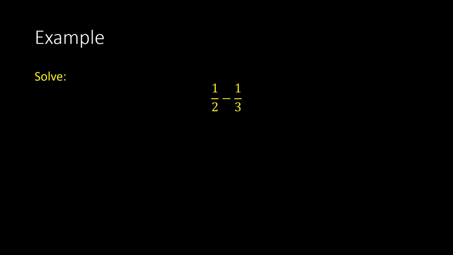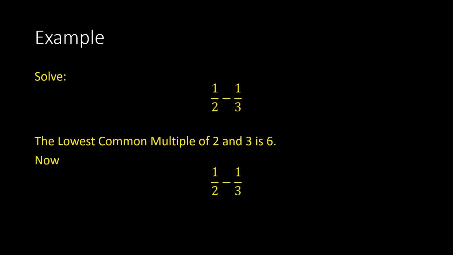Now let's subtract these fractions from each other. First, convert the fractions so the denominators are the same as we did previously. The denominators are 2 and 3, and we know that the lowest common multiple, or LCM, of 2 and 3 is 6. So, multiply the numerator and denominator of 1/2 by the same number, 3, to give 1/2 equals 3/6.